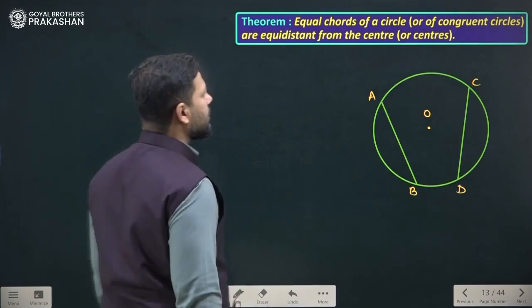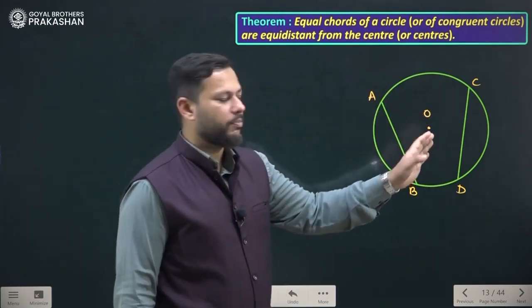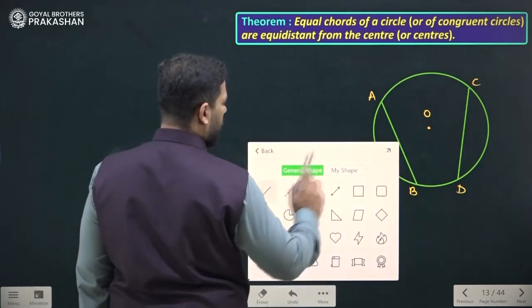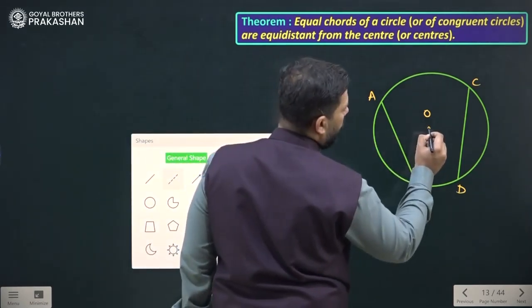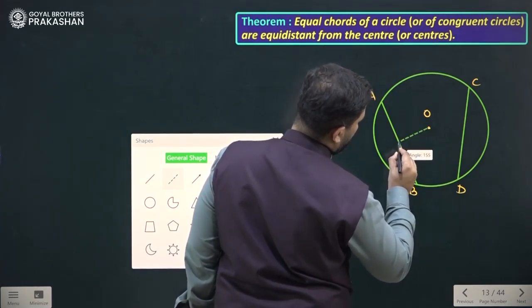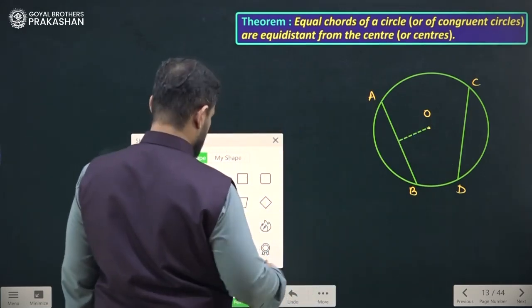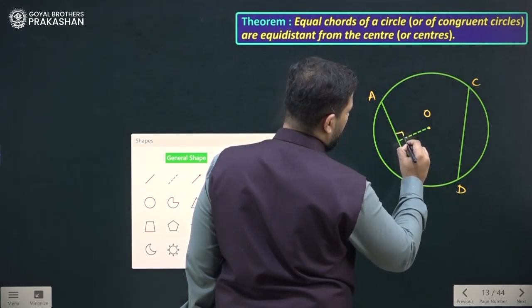Now, what else is given? We have to prove that they are equidistant from their center. So for them to be equidistant, let us first draw a perpendicular from the center to both the chords. So it should look like this. Yeah, this is the perpendicular. Let us make it 90 degrees to visualize that this is perpendicular.